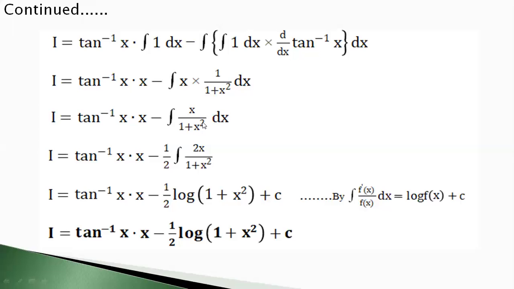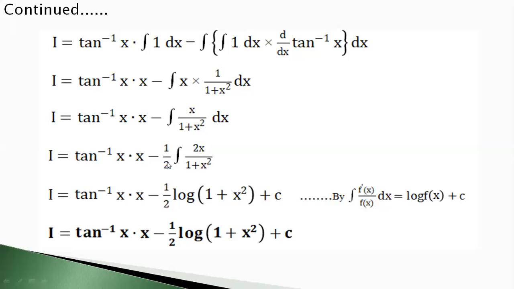As we know, the derivative of this denominator, 1 plus x square, is 2x. Then adjust the derivative of this denominator into the numerator. For that, we have to multiply numerator and denominator by 2. Just to adjust the derivative of this denominator, multiply and divide by 2.